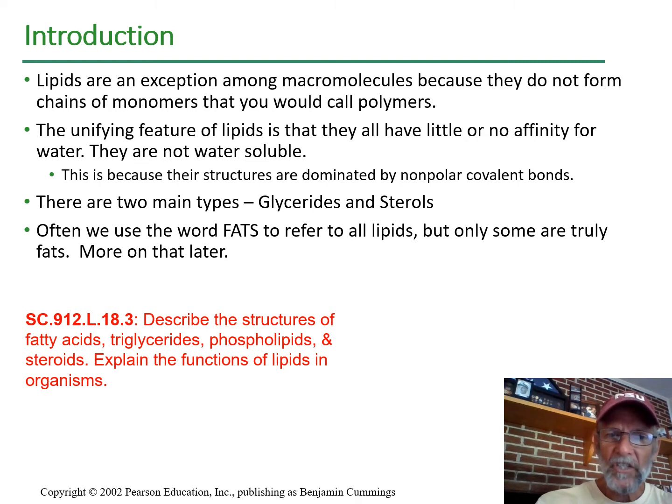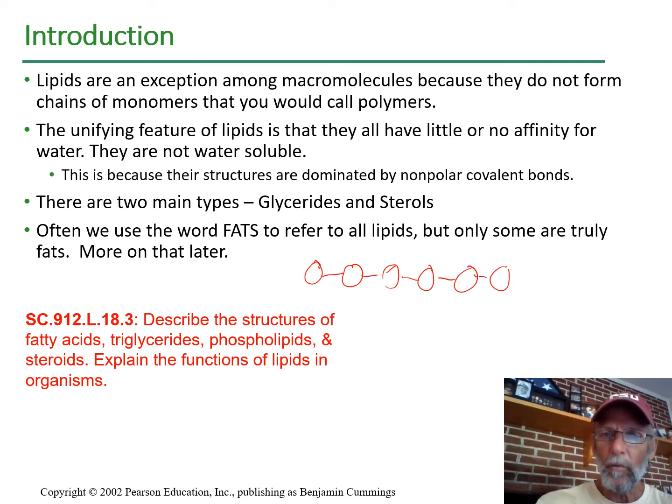But what you don't see in lipids is a whole bunch of them stuck together in a chain, like we just saw a starch is a whole bunch of glucoses in a chain. You don't see that with lipids, and when we get a structural formula up here in a minute, that'll be more apparent to you. So we don't typically call lipids polymers. It wouldn't be the worst mistake that you could make, but there you go.